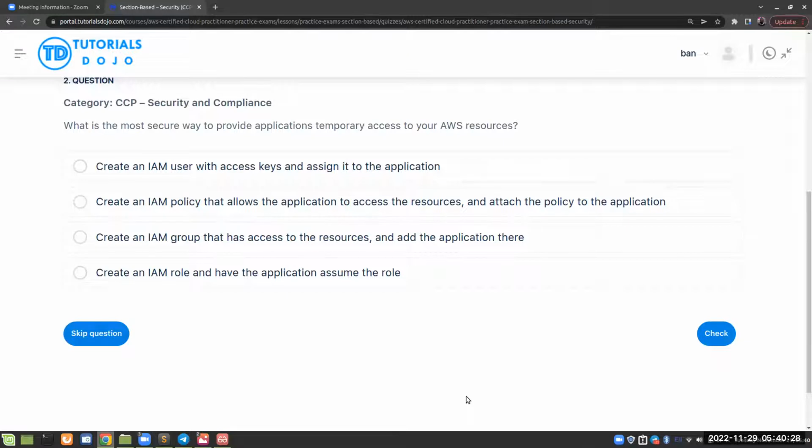Temporal access to your AWS. Correct. So that's a key phrase. So what will that be? No worries, just take your time and look at the options we have.